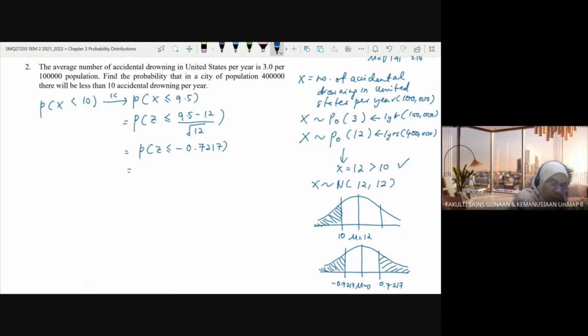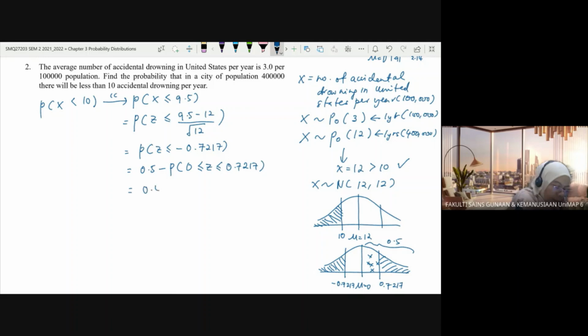So if you were to write down using the mathematical illustration, this will be 0.5, half part of the area, minus the probability of this shaded region. So that will be P(Z from 0 until 0.7217).